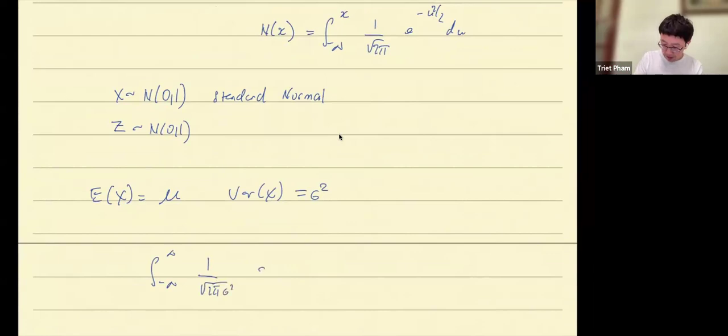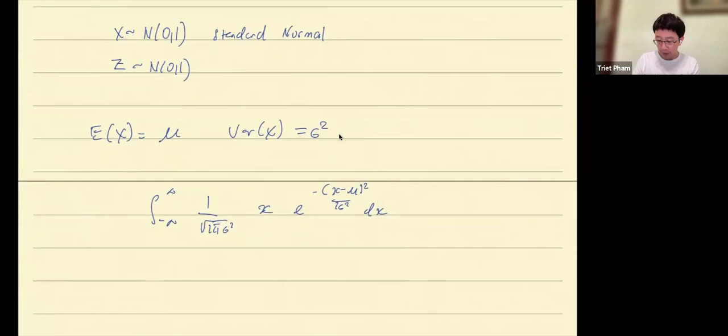If you take x and multiply with this, you see that everything falls into your lap, because you let u be x minus mu squared over 2 sigma squared. Then du is x minus mu over sigma squared dx.